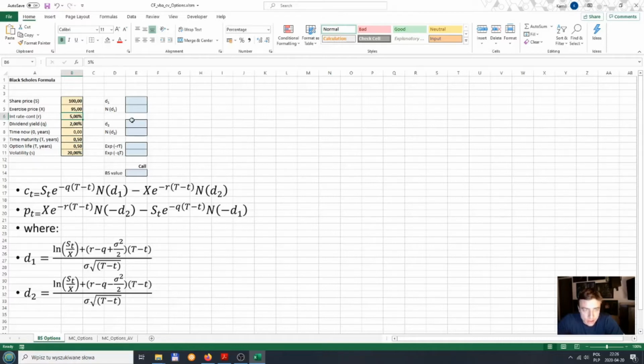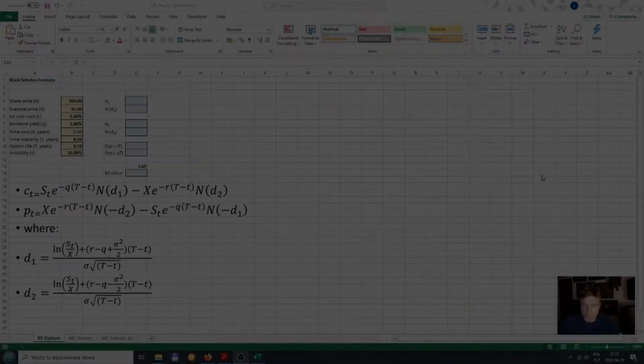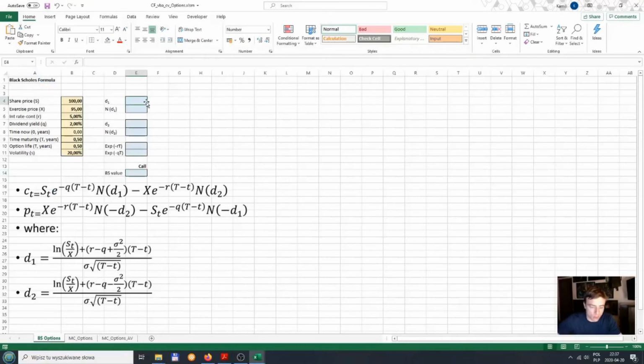Okay, let's try to calculate this N(d1) and N(d2) and also other discount factors. Okay, so let's calculate d1 at the beginning. So this d1 is equal to what? I have now my initial relationship between share price and exercise price, so the initial ratio. And to this initial ratio that I can observe on the market in terms of this contract, I have to add, what do I have?